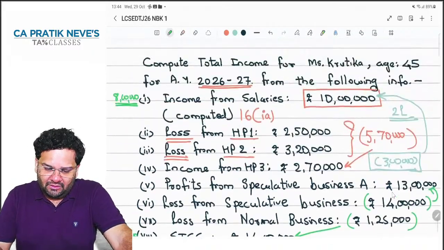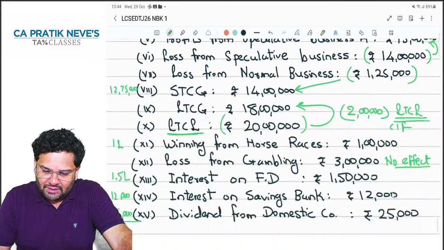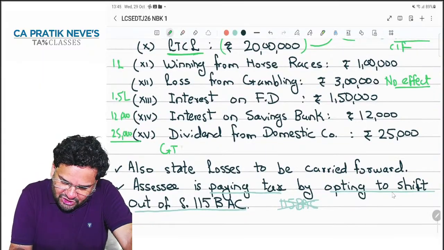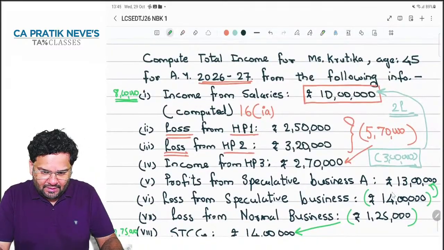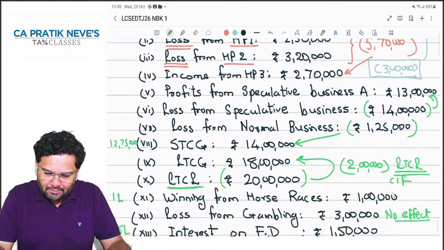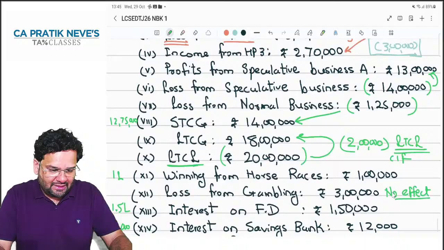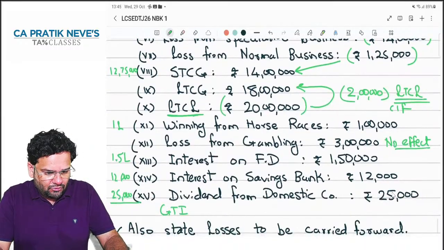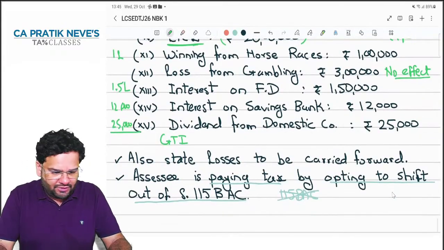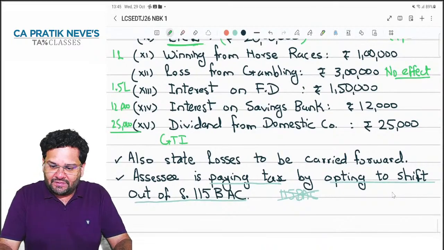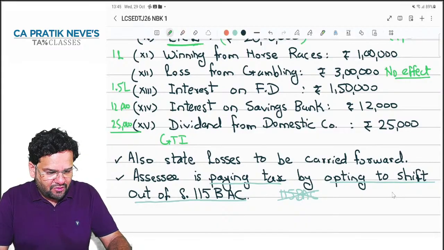Take the total now. Take the total that I have been writing here of taxable figures. You will get GTI. So what is your GTI? Take on your calci 8 lakh salary income, 12 lakh 75,000 short term capital gain, 1 lakh winning from lottery, 1 lakh 50,000 interest on FD, 12,000 interest on savings bank, and dividend from domestic company 25,000.